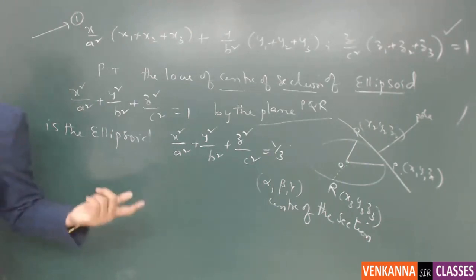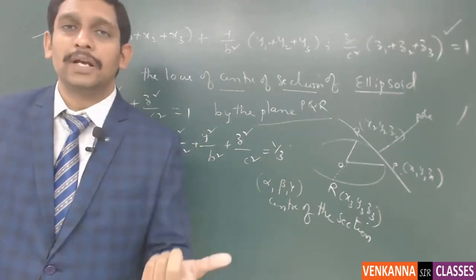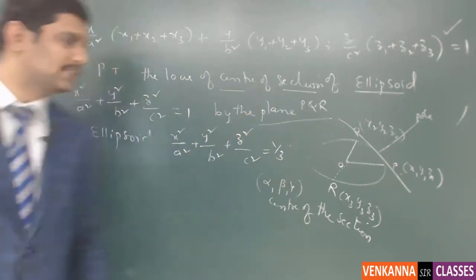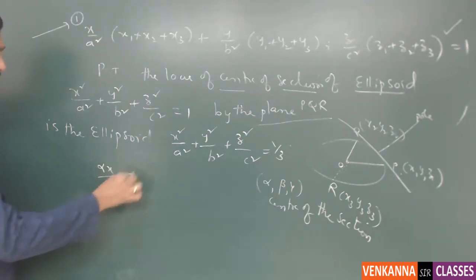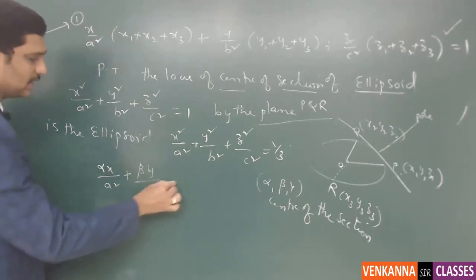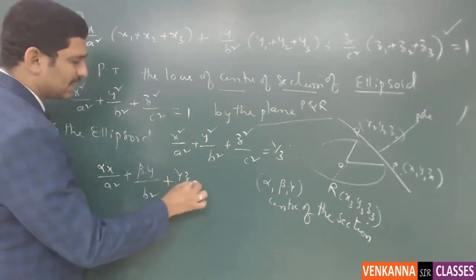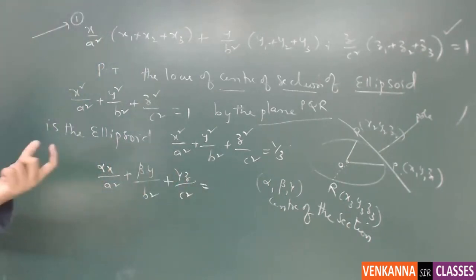So, whenever a point is given, the equation of the plane is nothing but alpha x by a square plus beta y by b square plus gamma z by c square is equal to a constant on the right side.